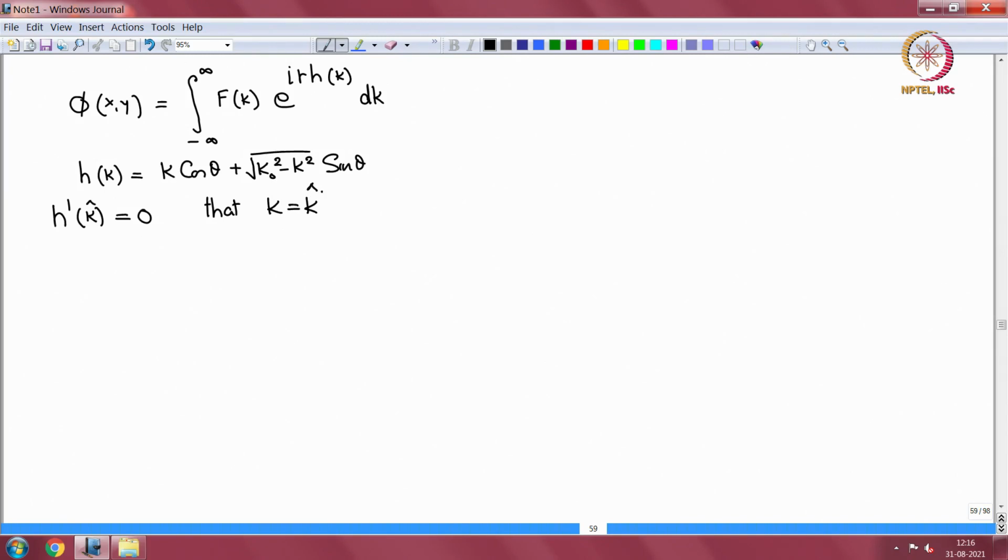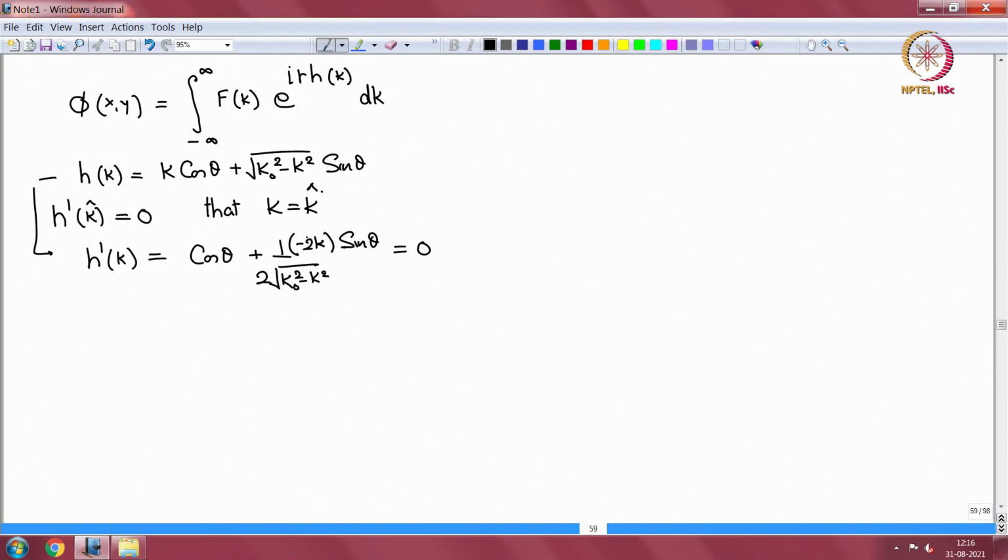So if h of k is this, then h dash of k is equal to cos theta plus 1 by 2 square root of k0 square minus k square into minus 2k into sine theta. Okay, that should be equal to 0.